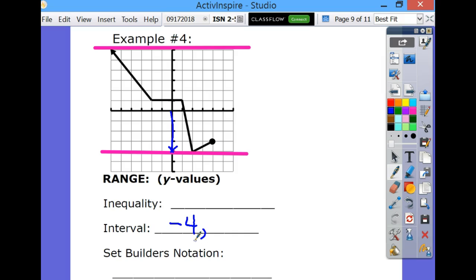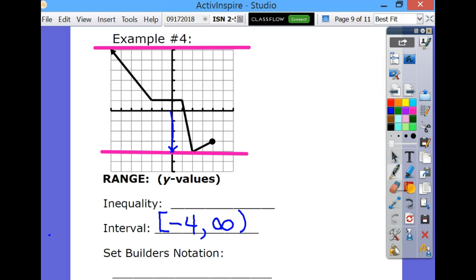There's not a top point. It just keeps going up and up and up. And so that is positive infinity. And so also, please notice, this bottom point here is not the end point. This is not necessarily from end point to end point. It depends on the graph. This is bottom to top.